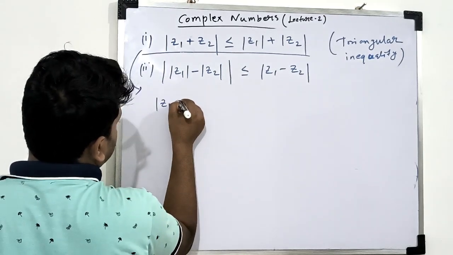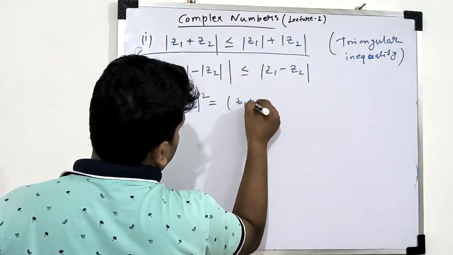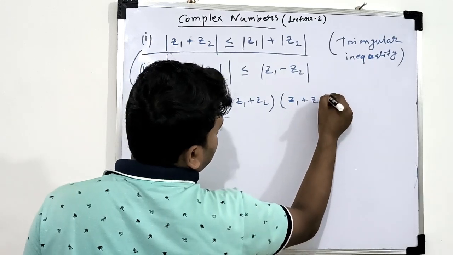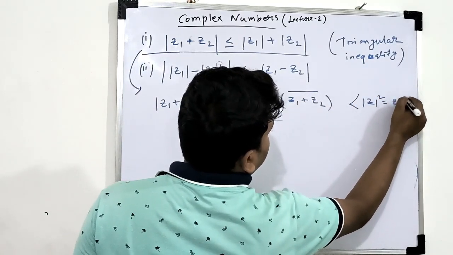(z1 + z2) whole square can be written as (z1 + z2) into (z1 + z2) bar, as mod z whole square equals z into z bar.